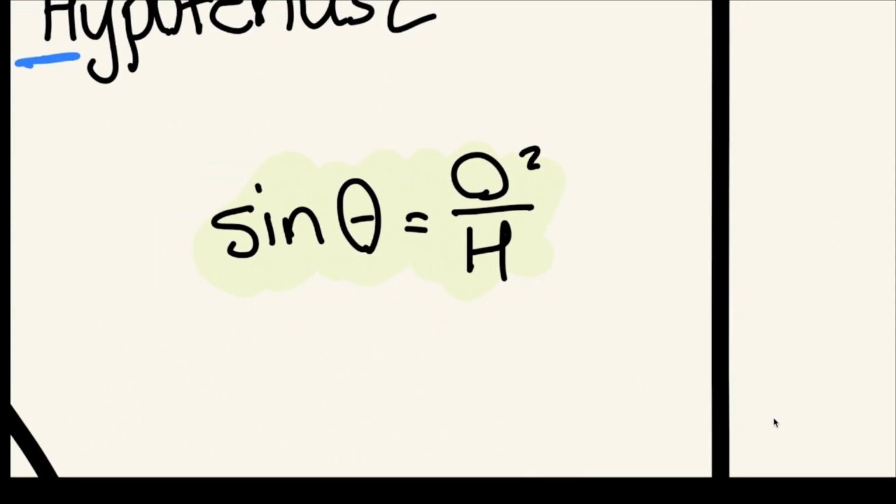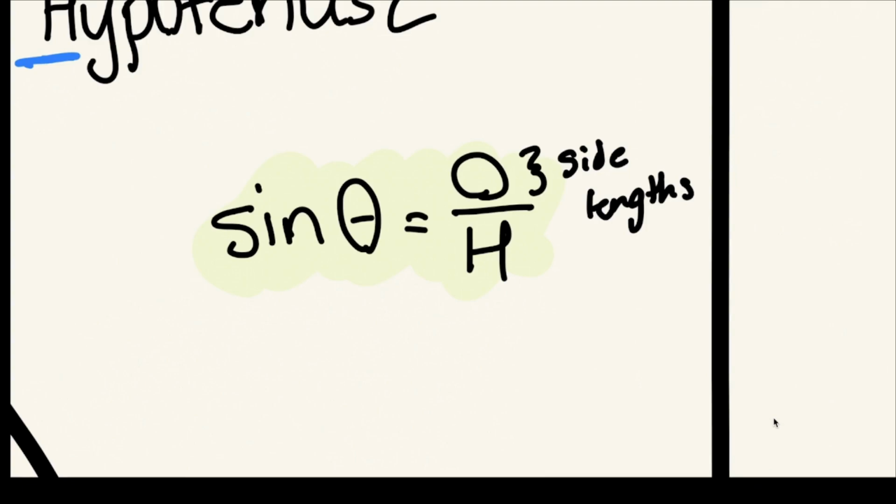These are side lengths. If we're given both side lengths, we have to solve for theta. If we're given one side length and an angle, then we have to solve for the other side.